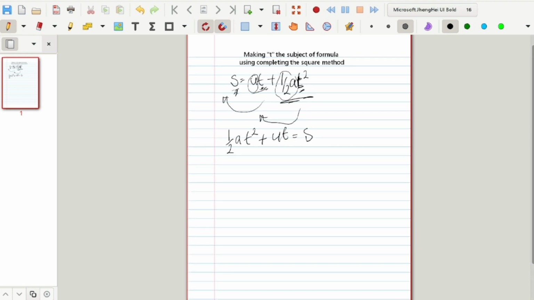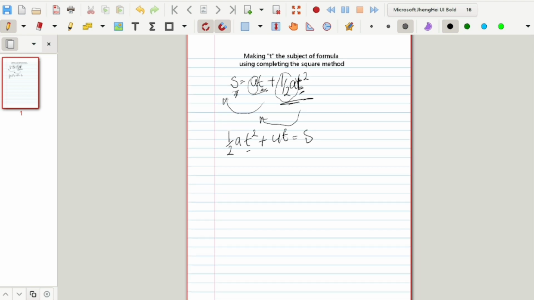Now the first step says divide through by the coefficient of t squared. This can first be written as a over 2 t squared plus ut equals s.